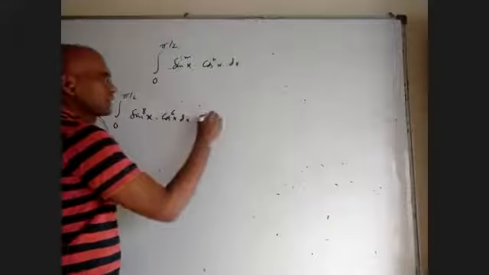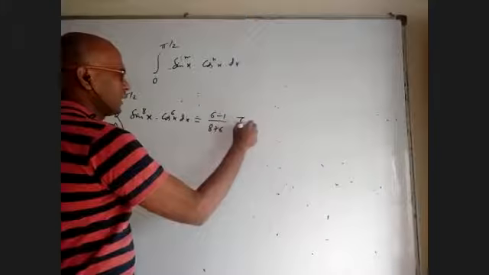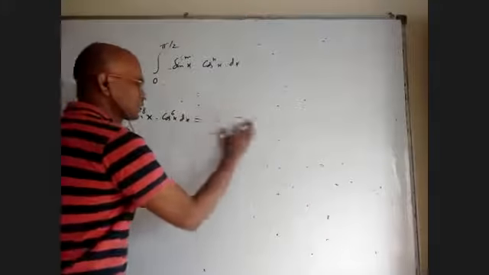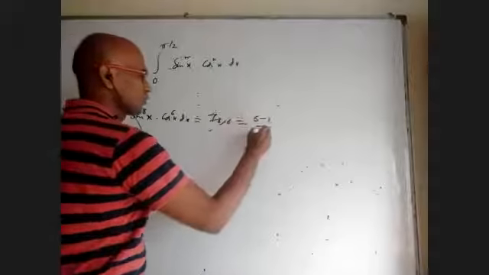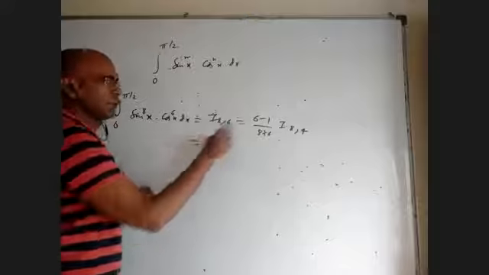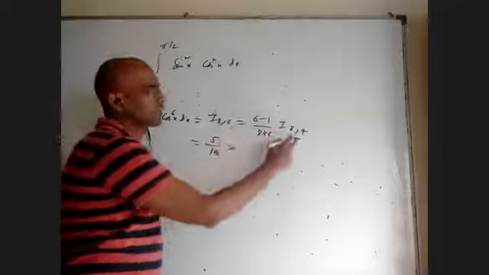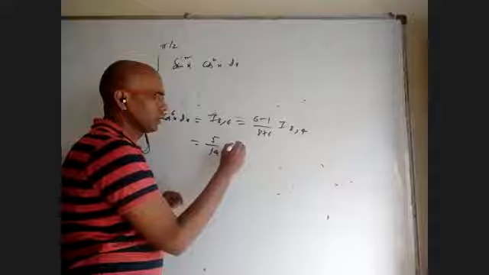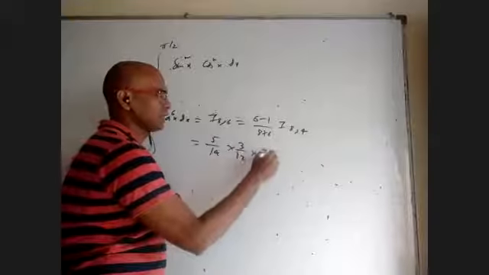Then first I'll write (6 minus 1) by (8 plus 6). This is actually I(8, 6). I(8, 6) equals (6 minus 1) by (8 plus 6) into I(8, 4). I have to decrease 2 here. Now this is 5 by 14. Next, when I decrease further, it will become 3 by (8 plus 4), 12. I'll get I(8, 2).